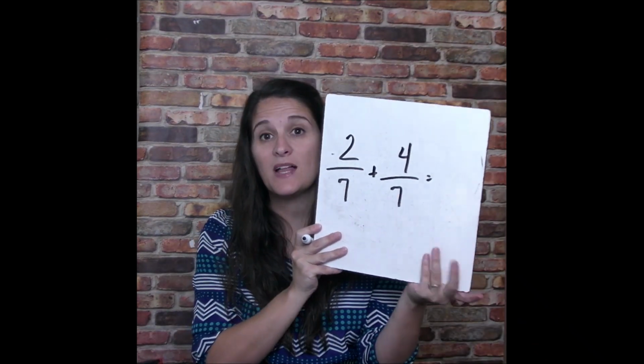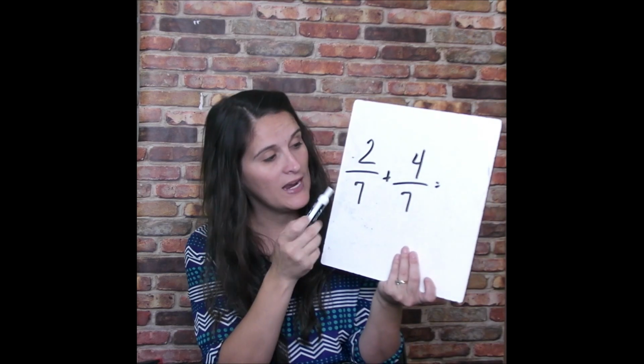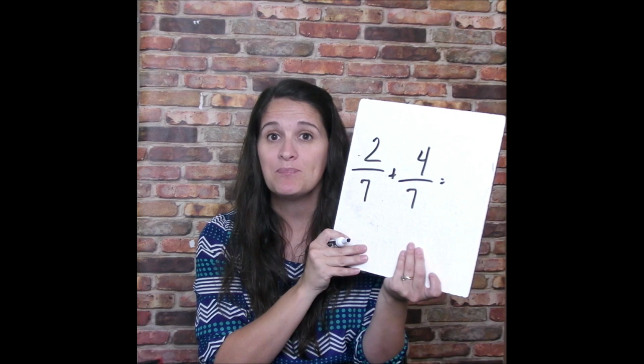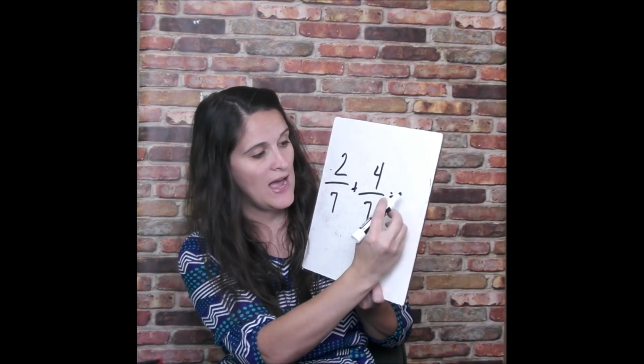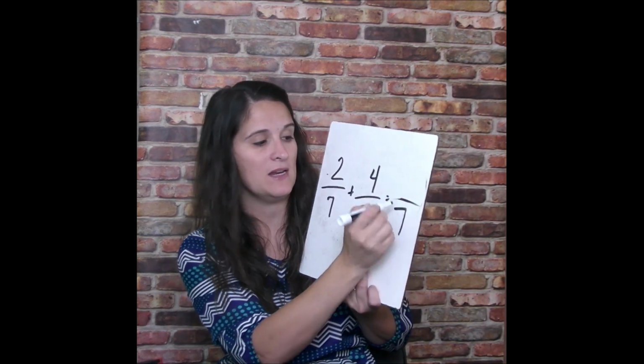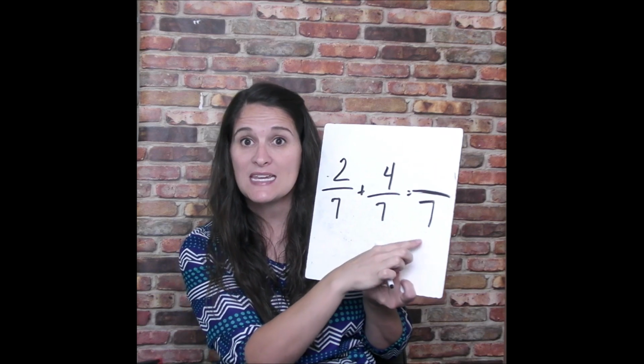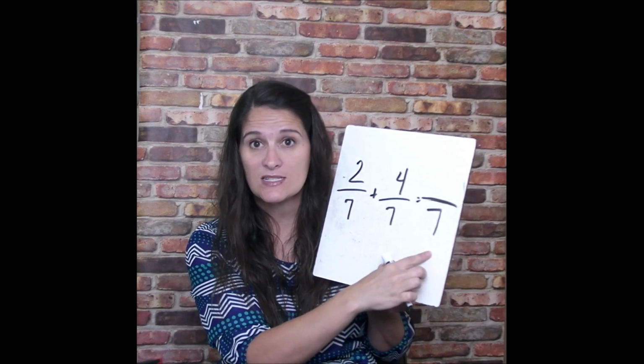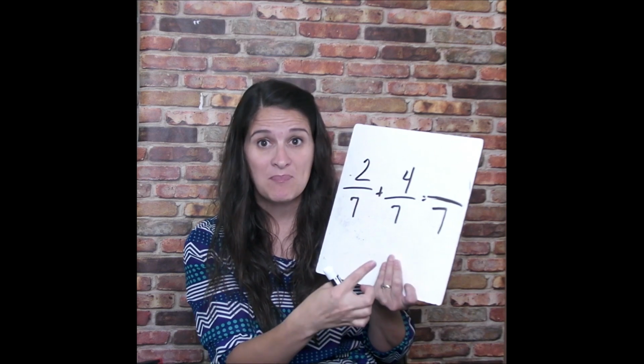Okay, let's do another one. Let's do 2/7 plus 4/7. First step, I ask: are my denominators the same? Yes. So I know that my denominator is going to be 7. They're the same, so the answer is the same. That makes it pretty easy.